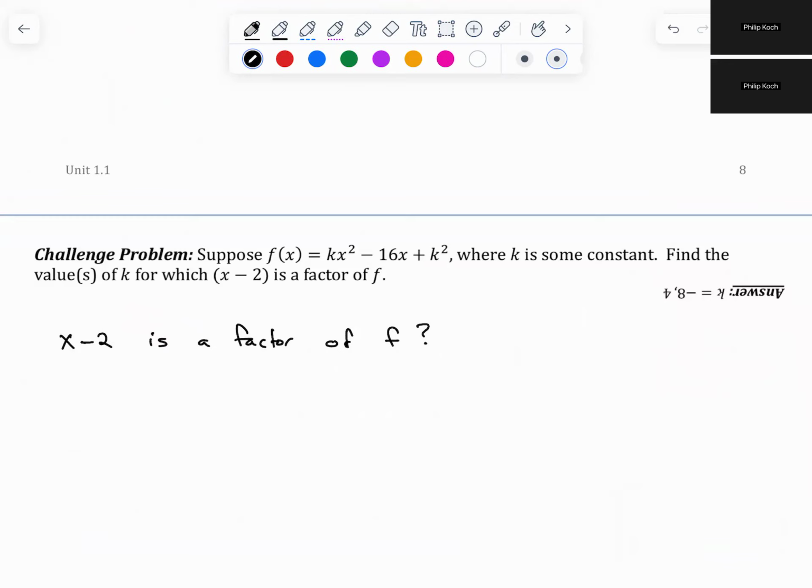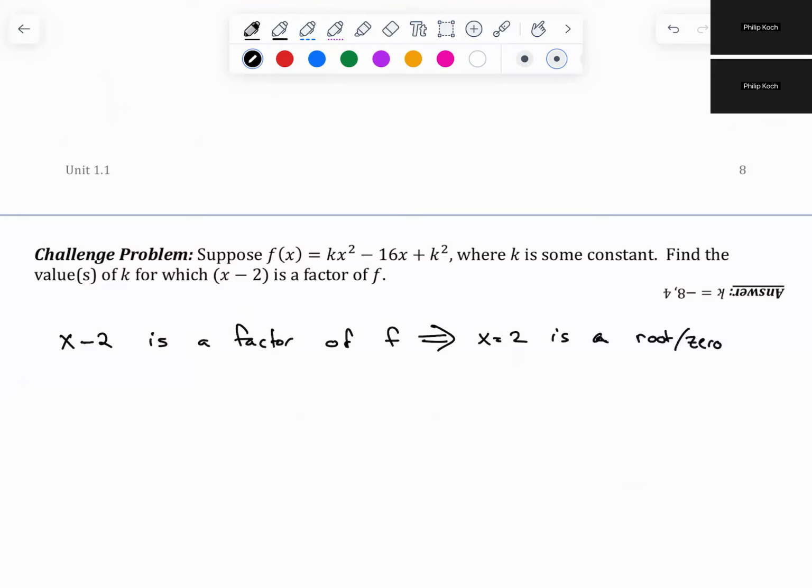So we have our big boy factoring theorem. There were three main results that were important, and there were two other ones. But if we know that it's a factor, that means that we know, oh, I didn't mean to put a question mark there, I meant to put a double arrow. That means that x equals 2 is a root, or zero.